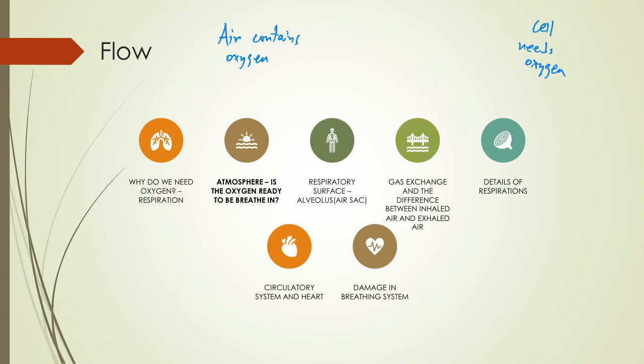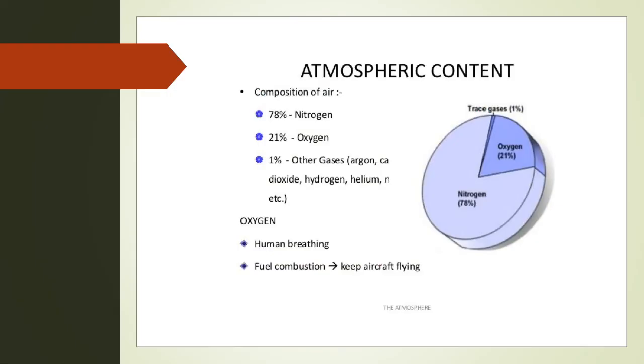So the story is what exactly happens in between. How can we bring the oxygen in the air into our cells for our cells to perform respiration? This is the most crucial, most important part of this chapter. Okay, so let's begin.